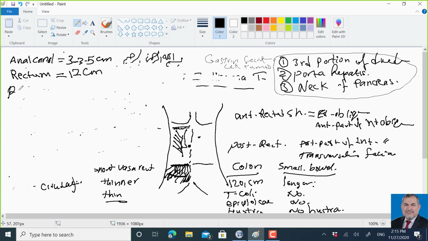How does the peritoneum cover the rectum? We divide it into upper third, middle third and lower third.